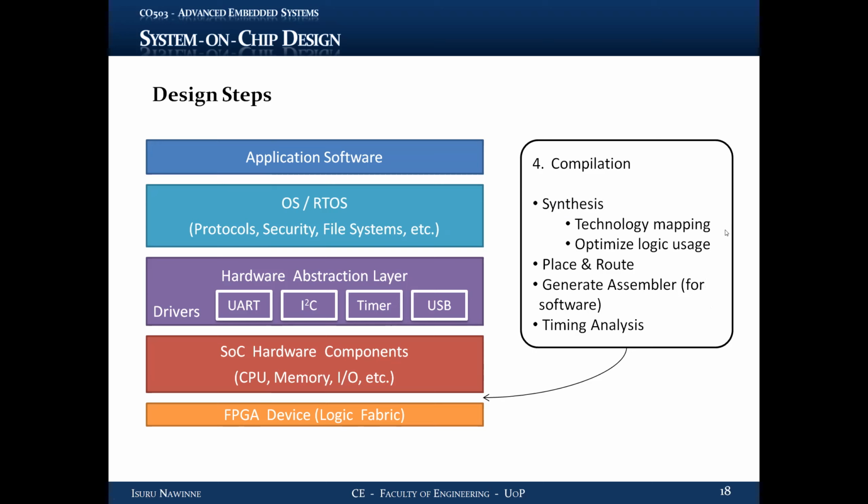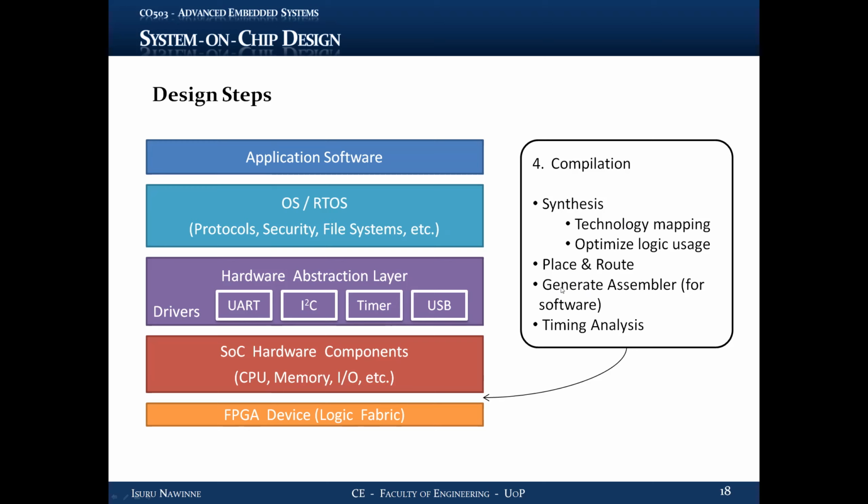Once that is done, you optimize the usage of logic blocks by combining and distributing the design over the available logic blocks in an optimal way. Then you route the logic blocks, connecting them in an appropriate way to get the entire design to work as you specify. Once that is done, most of the hardware work is done.